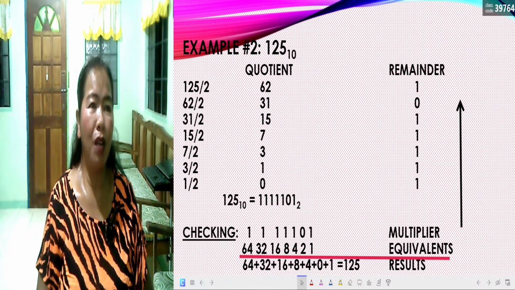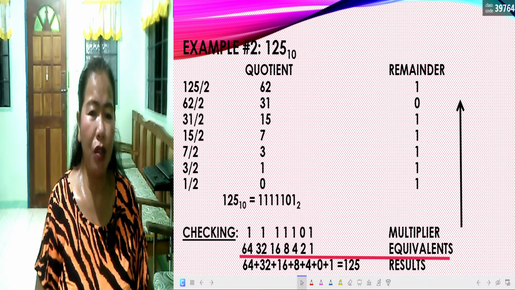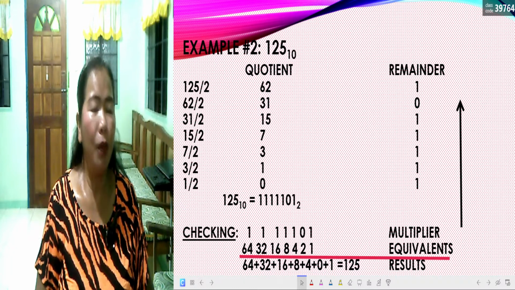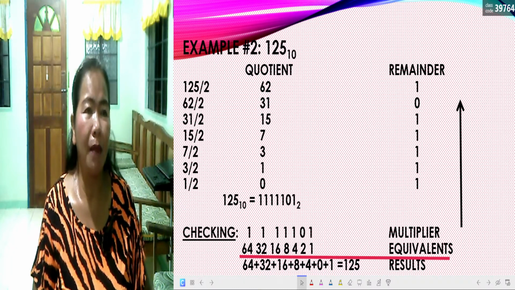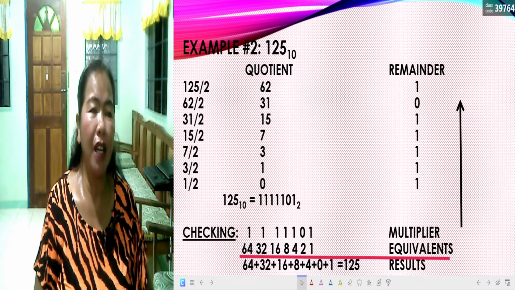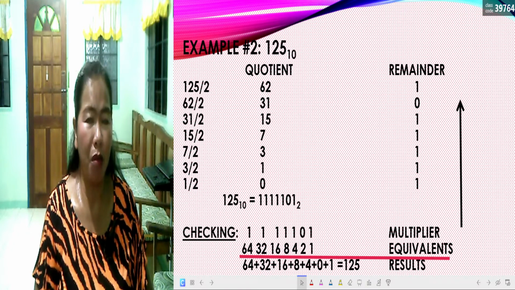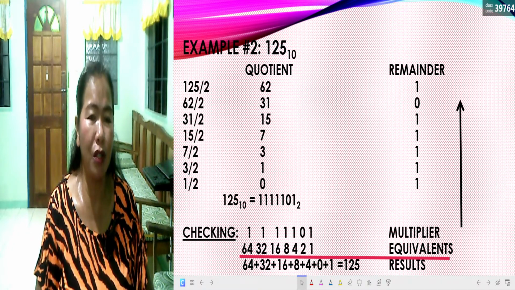Again, you have to divide 125 by 2, and that is 62, remainder 1. So one thing you should put into your mind when you divide and get the remainder is that the remainder should always be 1 if the number being divided by 2 is an odd number, and you have a remainder of 0 when the number is an even number, because our divisor is 2 and that is an even number.